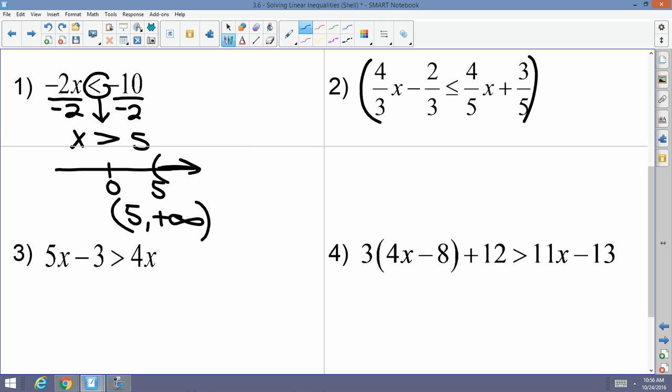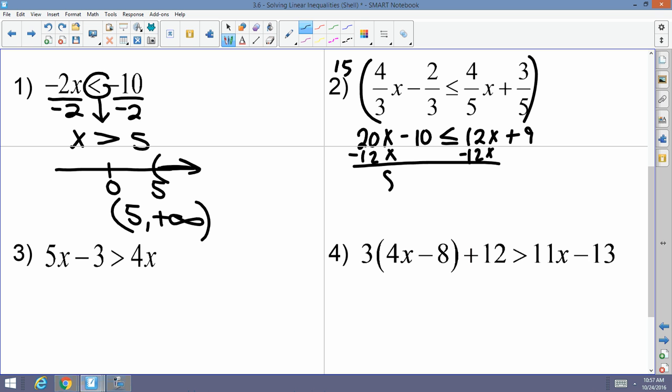I don't want to work with any fractions here. Heck no. I'm going to multiply this by 15. So that's going to be 20x minus 10 is less than or equal to 12x plus 9. So I'm going to subtract 12x to both sides. And I get 8x minus 10 less than or equal to 9.